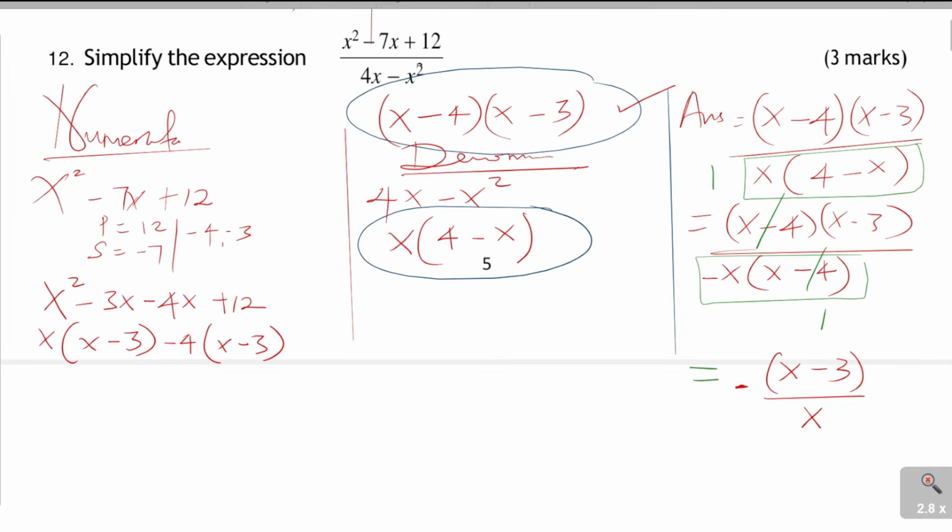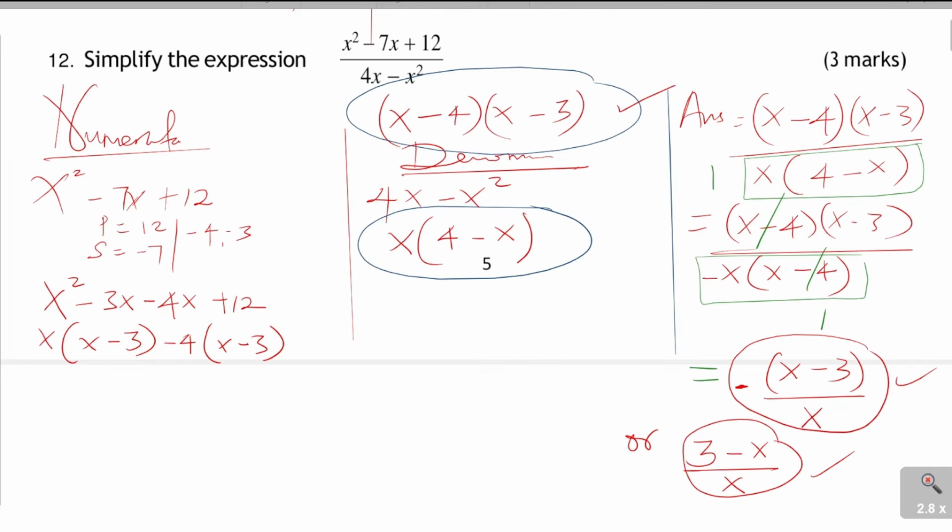Or there's also another way you can write this one. You can also leave the answer as 3 subtract x divided by x. So these two answers are the same. You can leave the negative outside there, or you can multiply the negative into whatever is in the brackets. So those are the two possible solutions for that question.